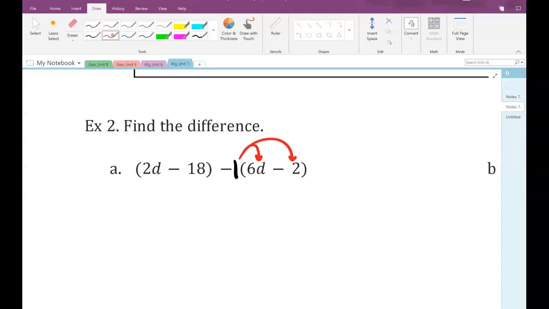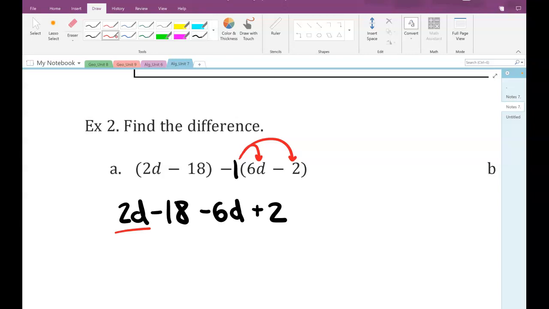And really, all multiplying by a negative 1 does is change the sign. So if something's positive, it's going to make it negative and vice versa. So our first polynomial doesn't change. We have 2d minus 18. And then we distribute the negative 1 to the 6d. So we have minus 6d. And then negative 1 times negative 2, that's plus 2.